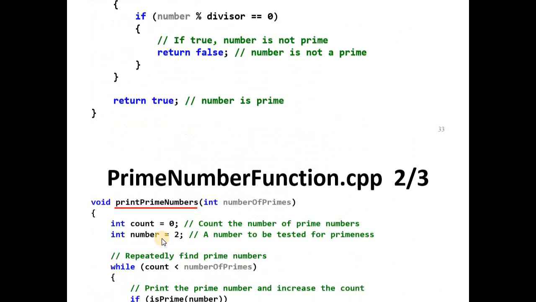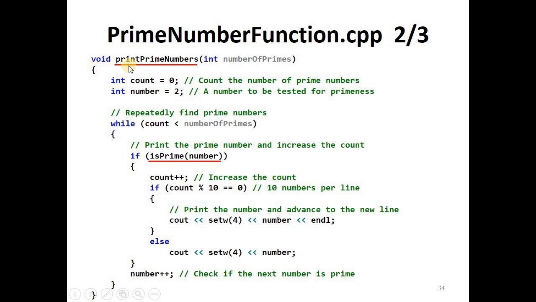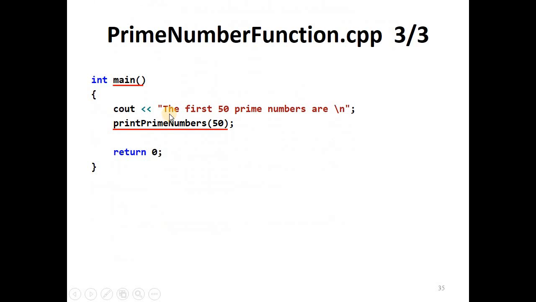This function is called from another function called print prime numbers. This function prints the 50 prime numbers. It accepts an integer number of primes and does not return anything. This function is called from the main function.